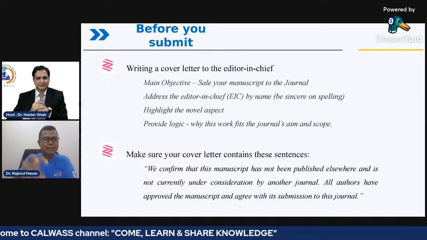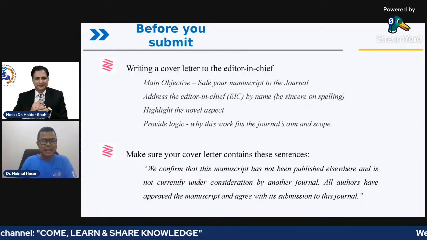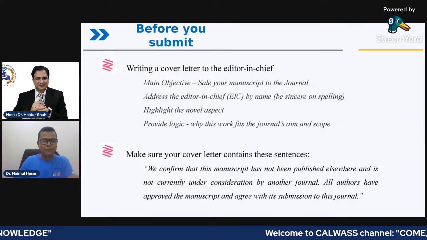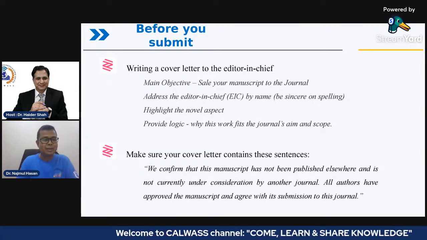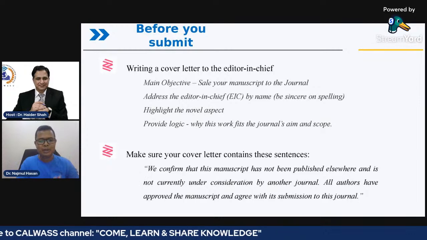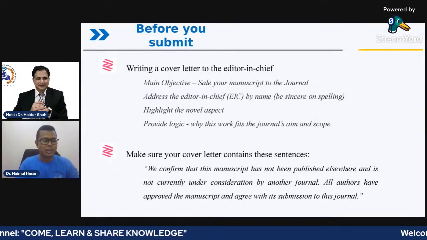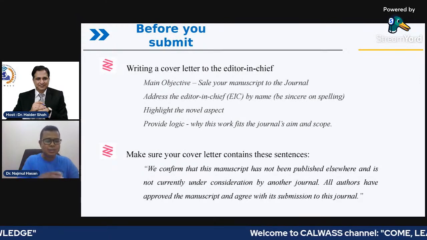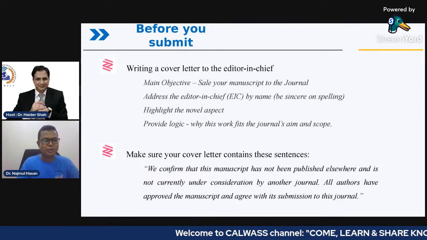So please highlight the main novel aspect and prove the logic. Don't stop at that sentence. After highlighting your novel aspect, don't just write another sentence. Please give the logic, one or two lines in the cover letter, on why this work fits the journal. Does your work align with the journal's aim and scope or not, right?